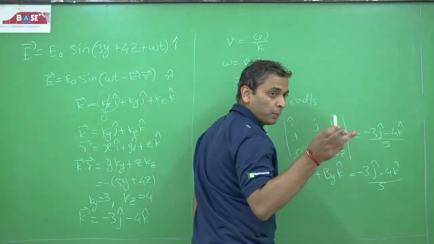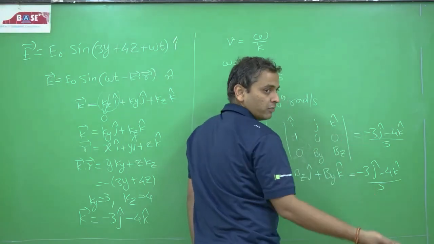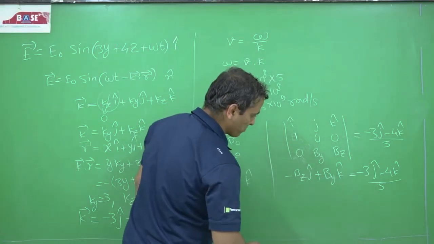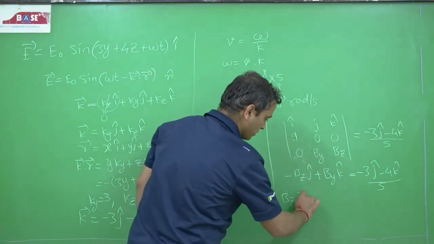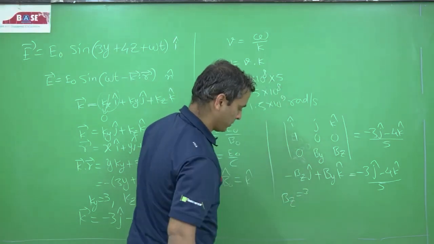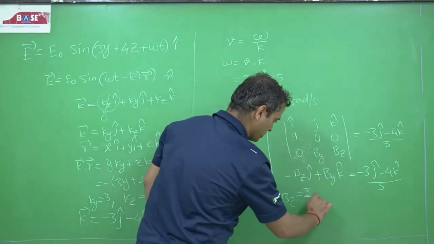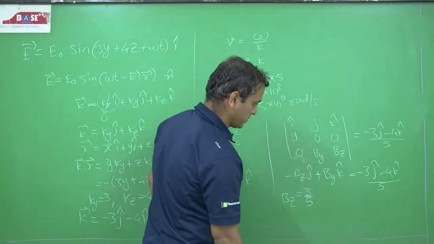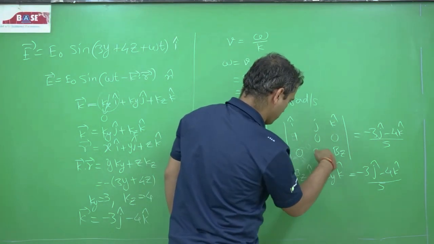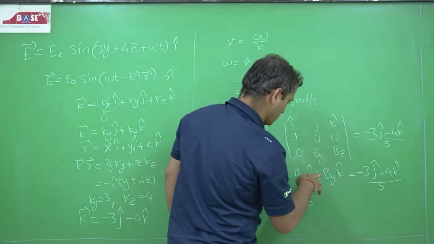That doesn't appear to be matching with the option. First of all, that 5 is also missing in the solution. So we would get Bz as 3 by 5. Okay, so let us see again. Bz is 3 by 5. We're getting it right. For j cap, Bz, that's fine.